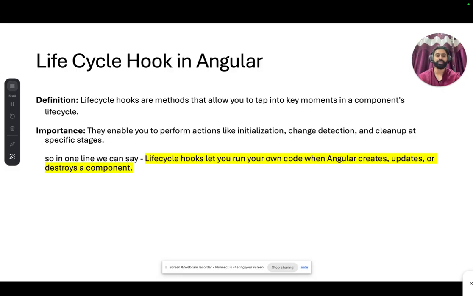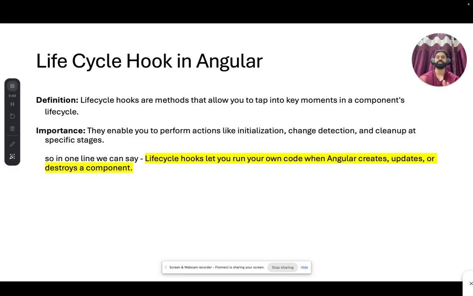Fourth step, the component gets updates, so there can be regular updates. And finally, the component is destroyed or removed. These are the steps by which the component lives, and this is the life cycle.